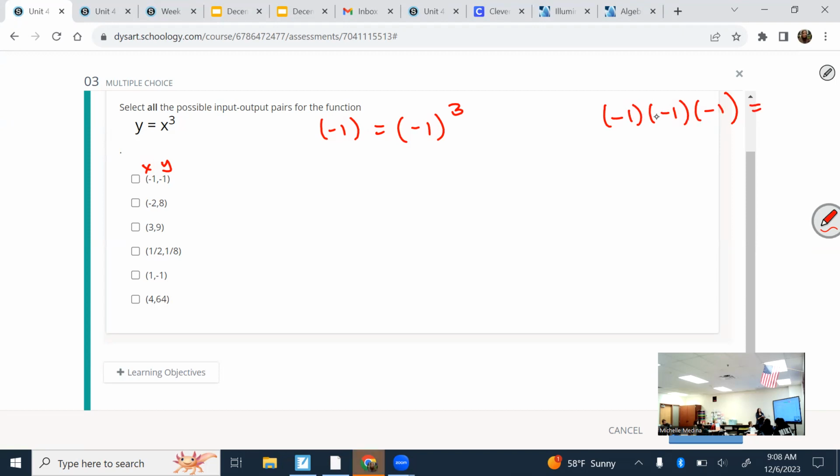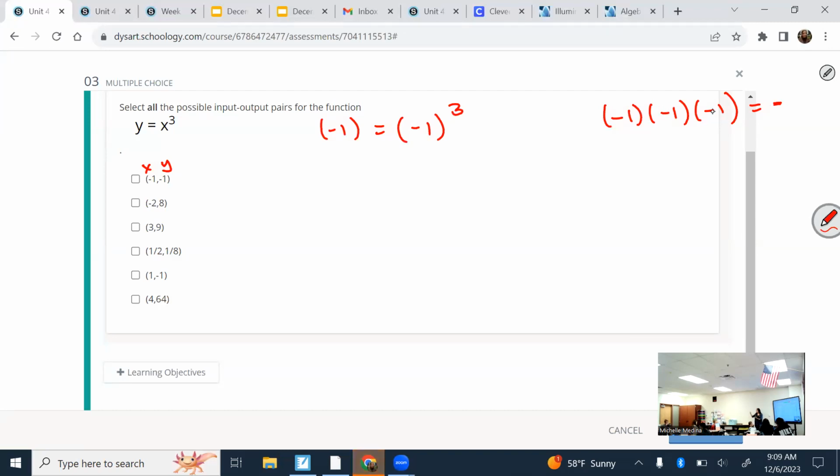And if you remember our integer rules for multiplying, your answer is going to be positive or negative depending on how many negatives are being multiplied together. So if there's an odd number of negatives, then your answer is going to be negative. If there's an even number of negatives, your answer is going to be positive. So what's my answer going to be? Positive or negative? Negative, because I have 3 negatives.